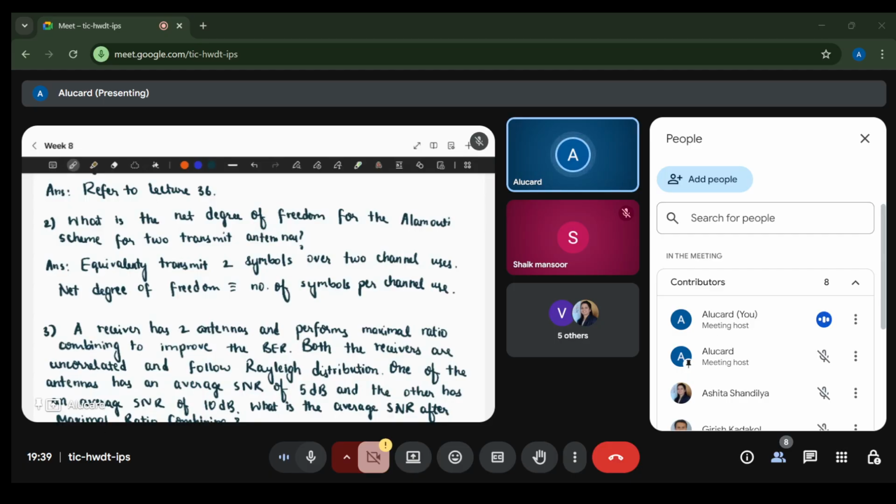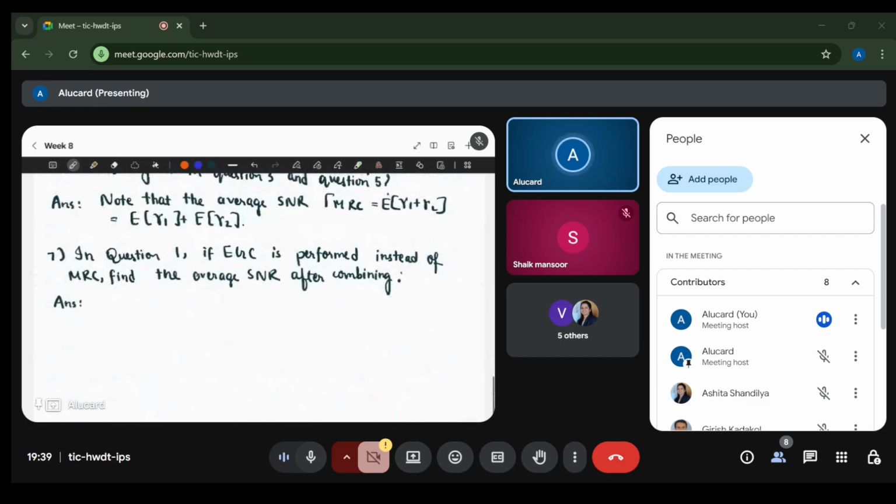Question 1 was a true and false question, which has nothing to do with this. I think they meant question 3.